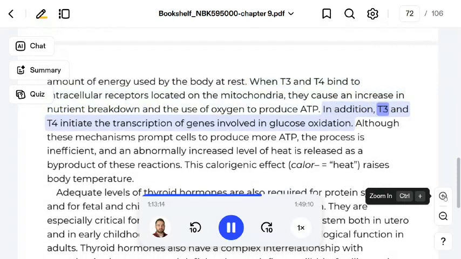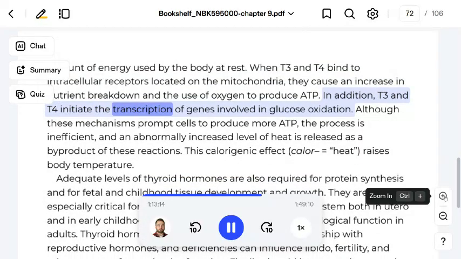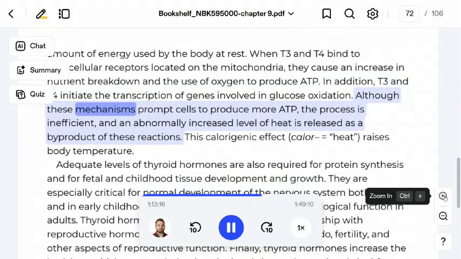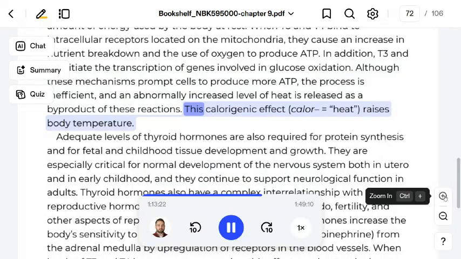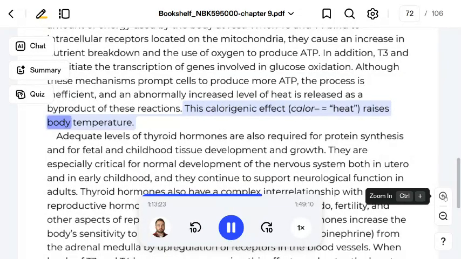In addition, T3 and T4 initiate the transcription of genes involved in glucose oxidation. Although these mechanisms prompt cells to produce more ATP, the process is inefficient, and an abnormally increased level of heat is released as a byproduct of these reactions. This calorigenic effect raises body temperature.